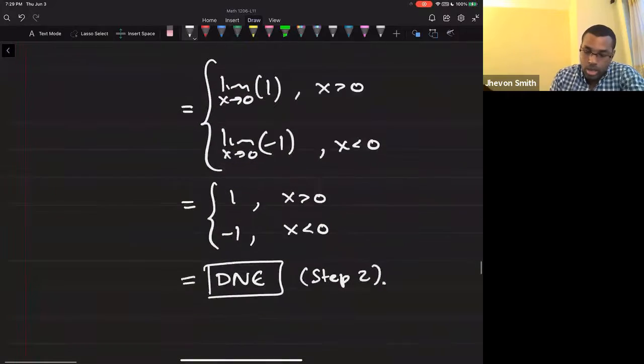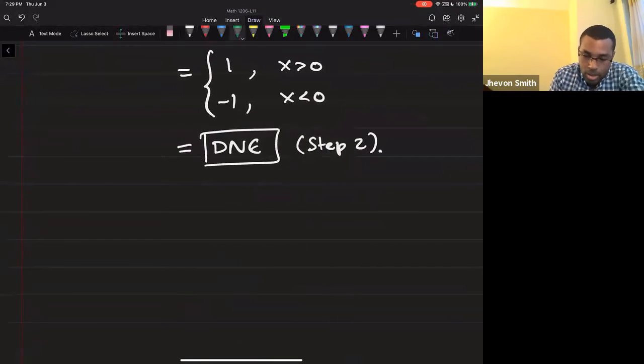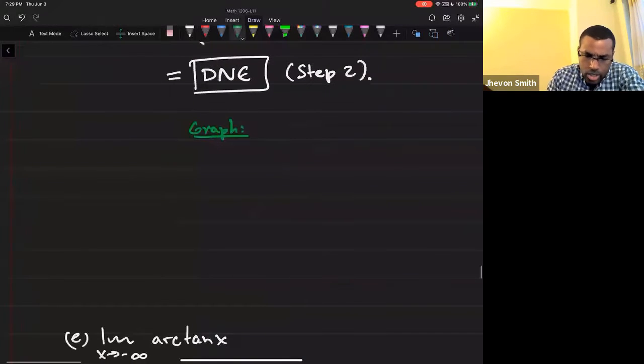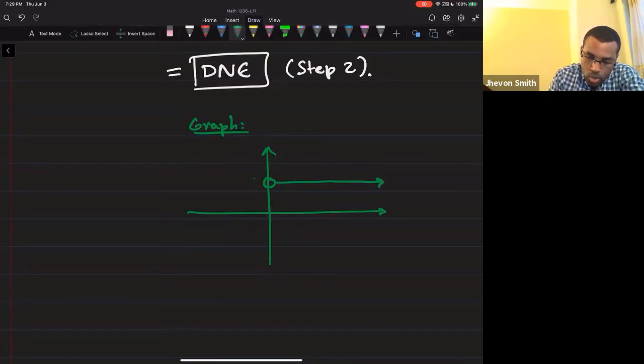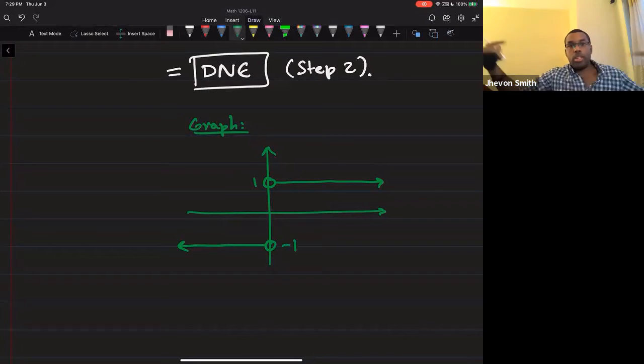You should notice here that the graph actually does look like what we think, or hopefully what we should think. At 0, you can't do anything, but on the right side, it's always the constant function 1. And on the left side, it's always the constant function -1. So that's the graph. You can see that the right side is going to 1, the left side is going to -1. They don't agree at 0.